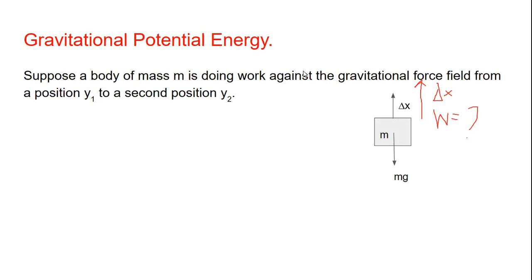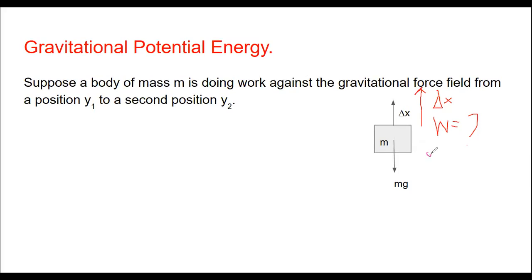So suppose a body of mass m is doing work against the gravitational force field from a position, let's say, y1 to a second position, y2. So here you have this position being y1 and the second position being y2.